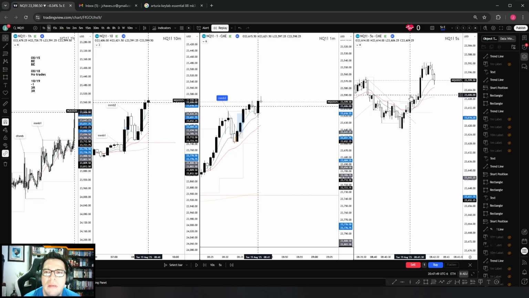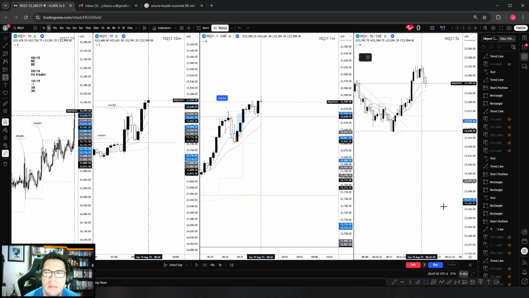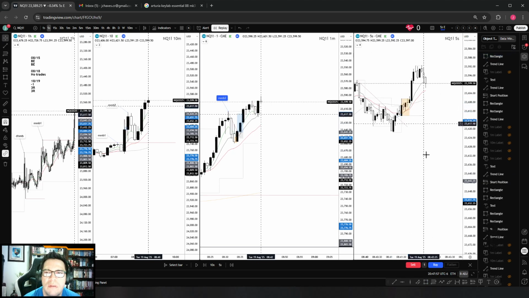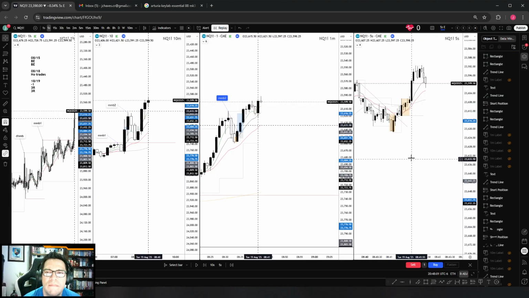And maybe here there was some sort of entry, you could say, through this buy stop of this double MB. So this was certainly a valid entry.